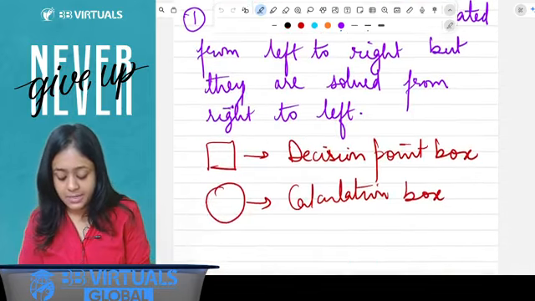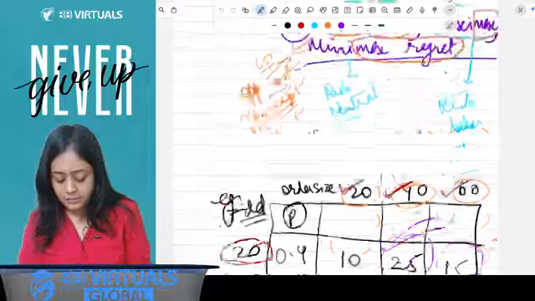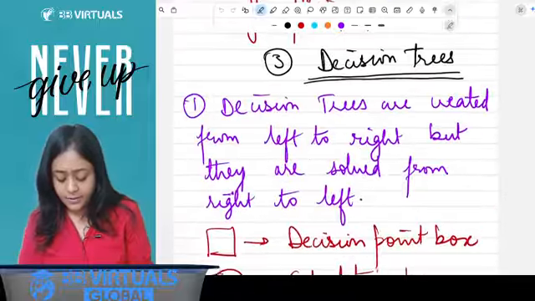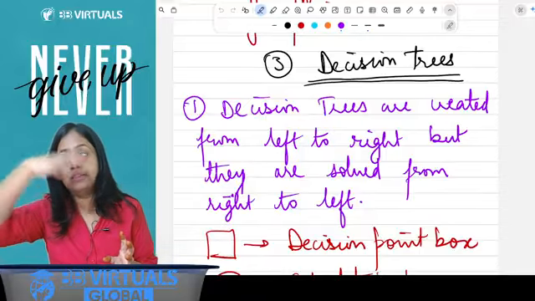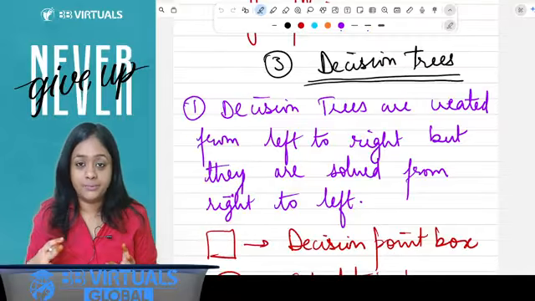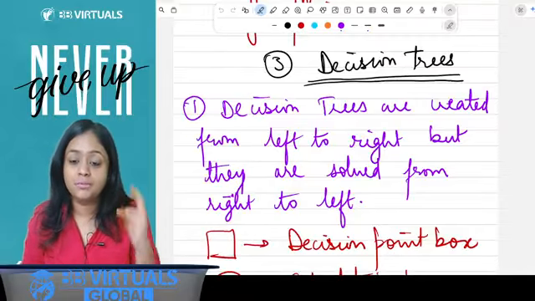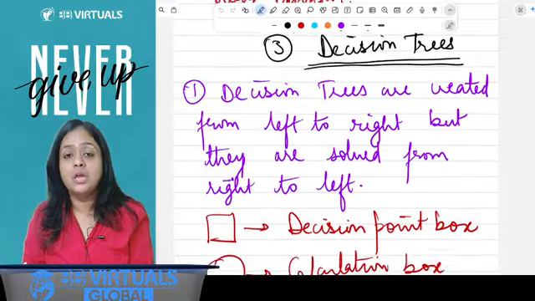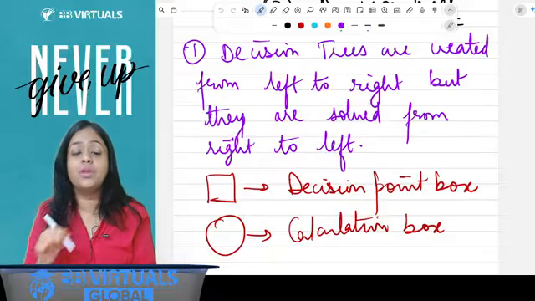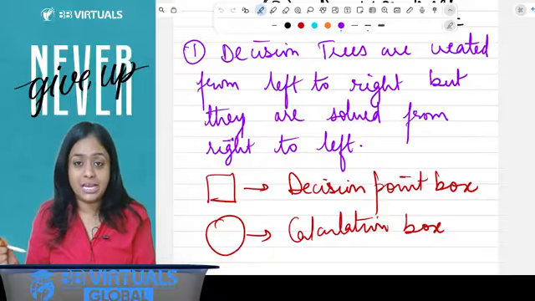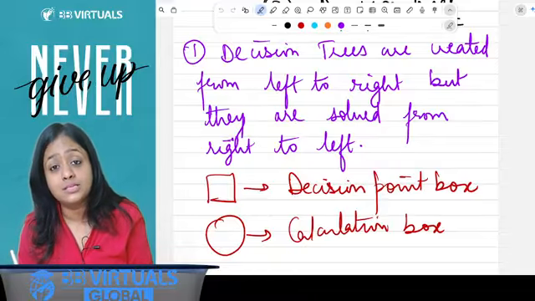Now the decision tree method is simply that you have decision trees, and decision trees are created from left to right and then from right to left we solve them. We use probabilities to solve them. Two important pointers to note: whenever you have to take a decision, it will always be a square box, and whenever you're doing calculations like probability calculations, you always do it in the circular box.